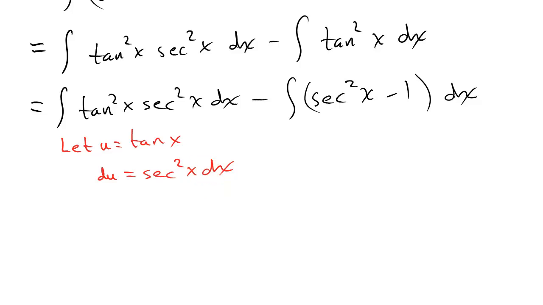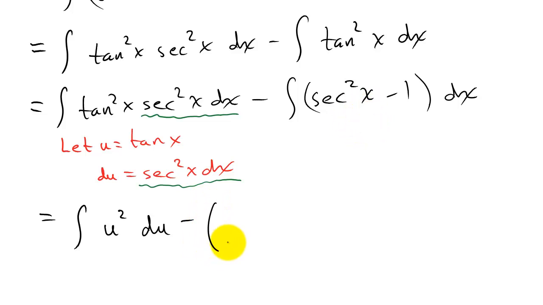So in the place of tangent, I'm going to put u, so that's going to be u squared, and then you can see here that secant squared x dx is du, so that's du minus, and then I can just go ahead and integrate this.